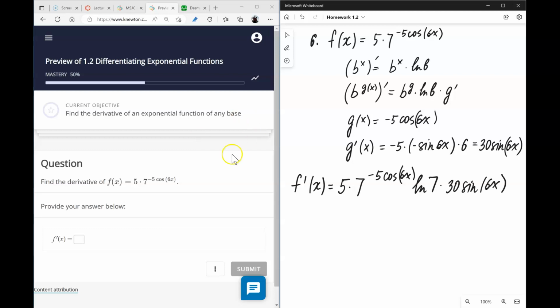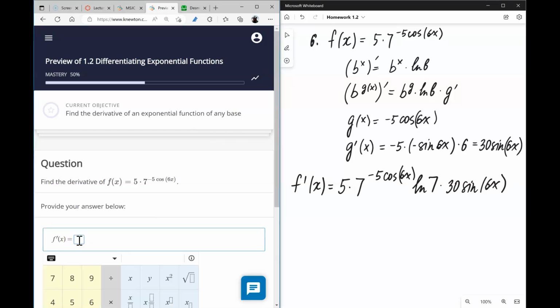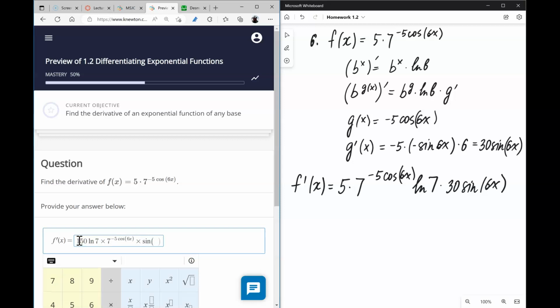That's the final answer. So to write it out, I'm going to collect all the coefficients in the front. So we have 150 ln 7 times 7 to the power negative 5 cosine 6x times sine of 6x.